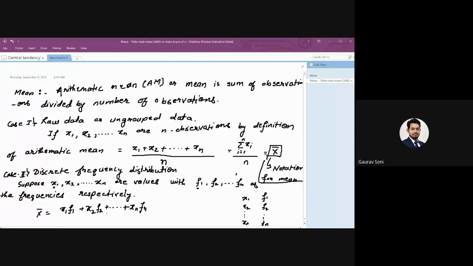What will be the denominator? f1 plus f2 plus f3 up to fn. So this formula can be written as summation xi fi upon summation fi, where i is running from 1 to n as there are n entries.